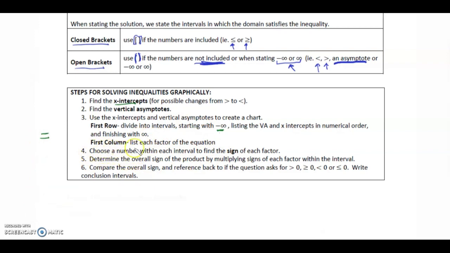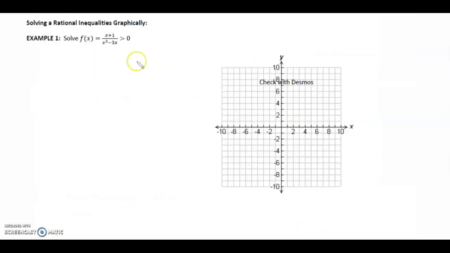We're going to choose numbers within each interval, decide the sign of each factor, and then multiply the signs and determine the overall sign. And then we're going to compare the overall sign to reference back to the actual starting question. So let's go through these steps, because when we do this in an actual question, it's going to make much more sense. So solving a rational inequality graphically.